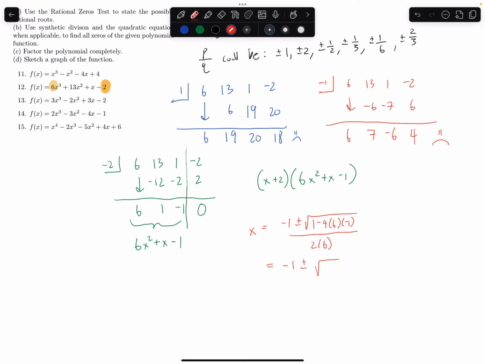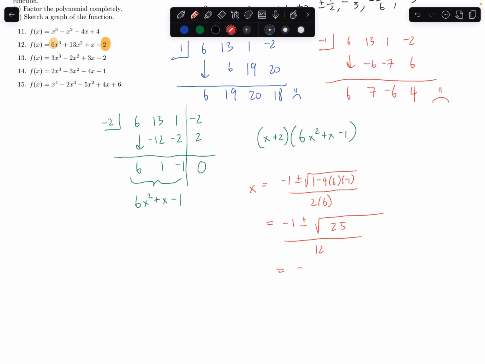That's -1 plus or minus the square root of 1 minus 4 times 6 times -1, which is 24, so it's positive 25, over 2 times 6, which is 12. So I've got -1 plus or minus 5 over 12. If I subtract, -1 minus 5 is -6, and -6 divided by 12 is -0.5. If I add, -1 plus 5 is positive 4, and 4 over 12 is 1/3.